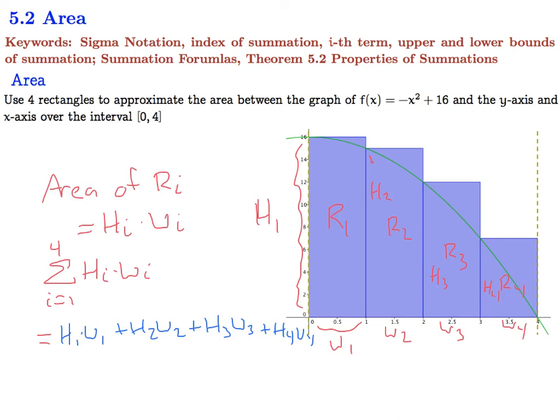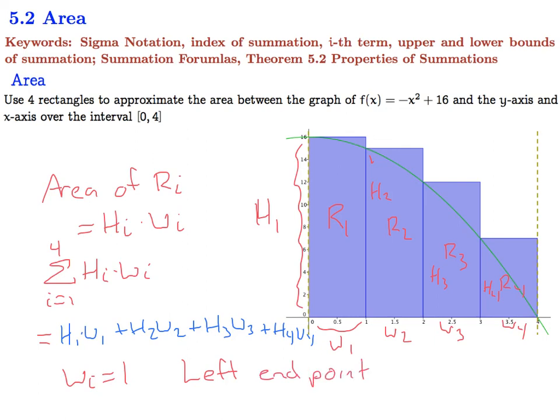The first thing to notice is that I chose my rectangles in such a way that they each have the same width. That is, WI is equal to 1 for all of my rectangles. And then I can see that for each of my rectangles, I've used what's called the left end point.